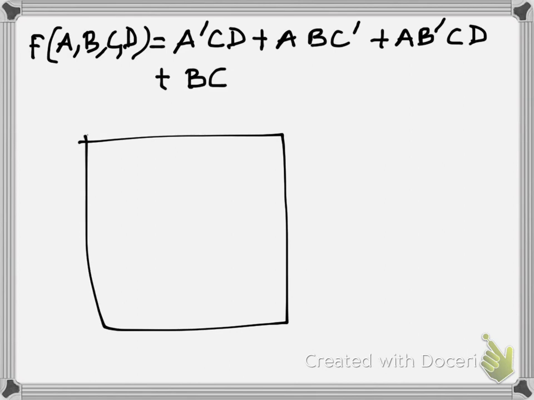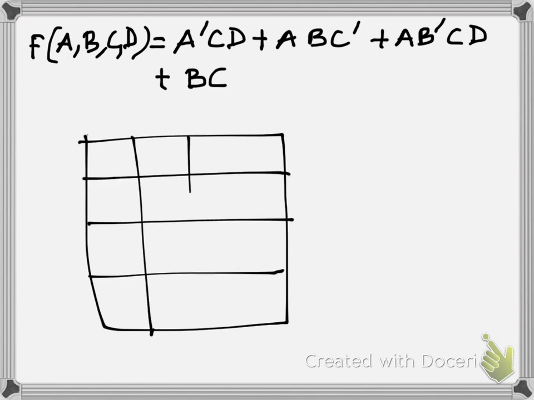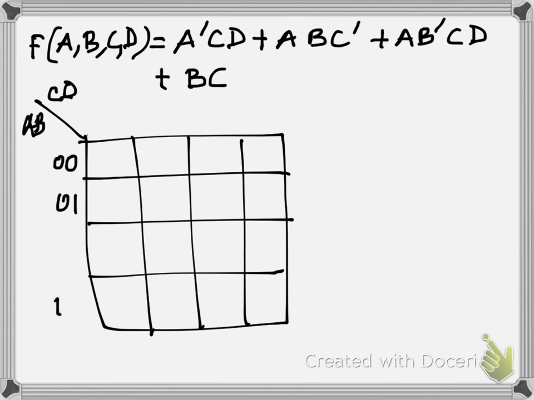So this is my 4-variable Karnaugh map. Okay, 4 rows, 4 columns. I have A, B here, C, D here. Okay, this is 0, 0, 0, 1, 1, 1, 1, 0.